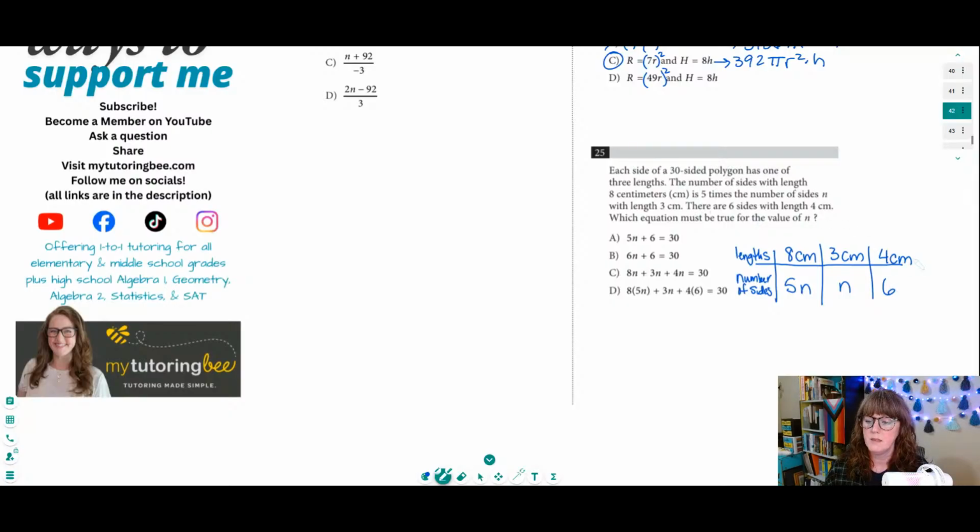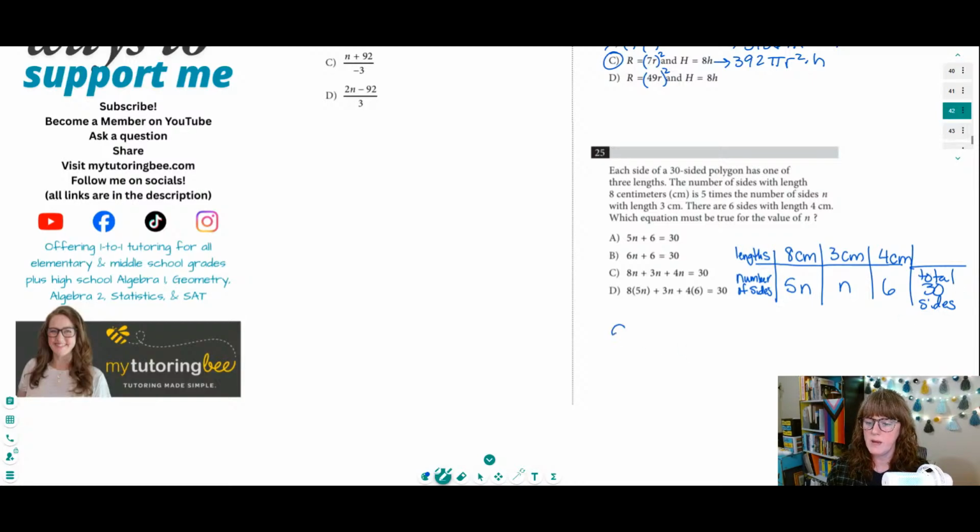Okay. I think having the lengths be different dimensions, that's throwing in just an extra little bit of confusion in this problem. So that's why I really wanted to lay out this chart. But we do know that we have a total of 30 sides.